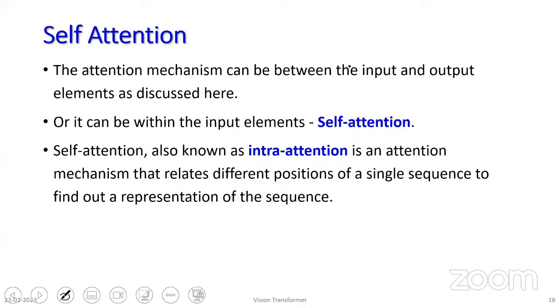What value should I give to represent this entire information? This information is on earthquake, this information is on when and where, right? So basically, self-attention helps us find out a better representation of the input data, a finer representation of the input data.